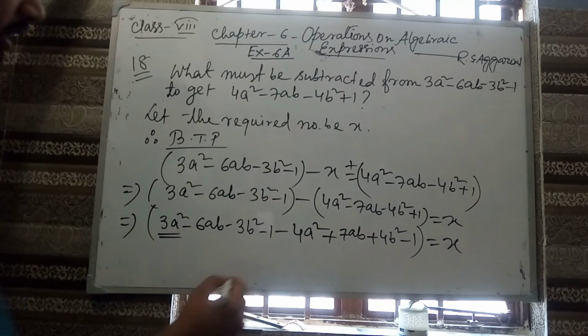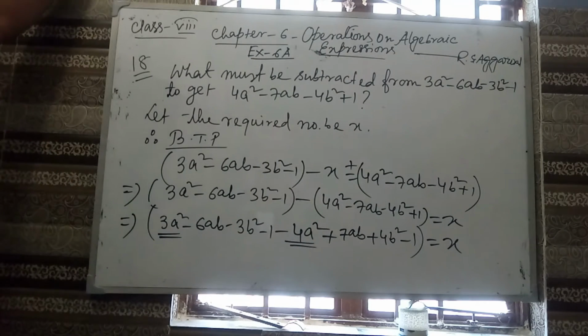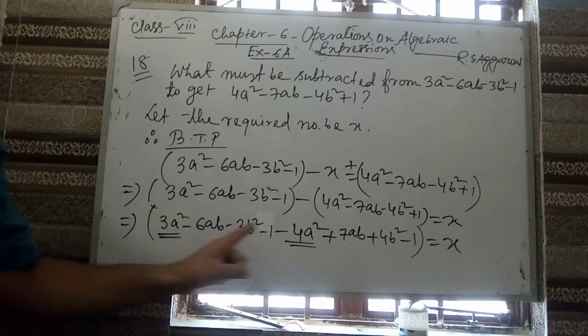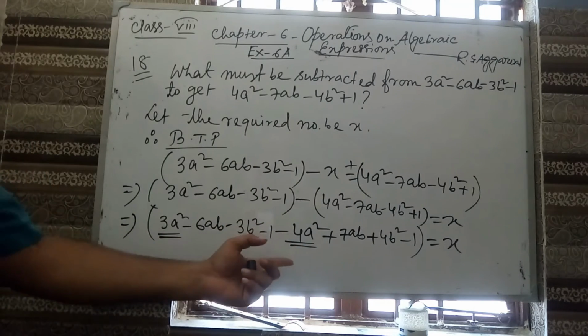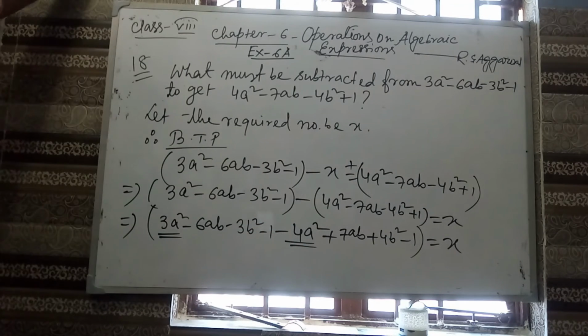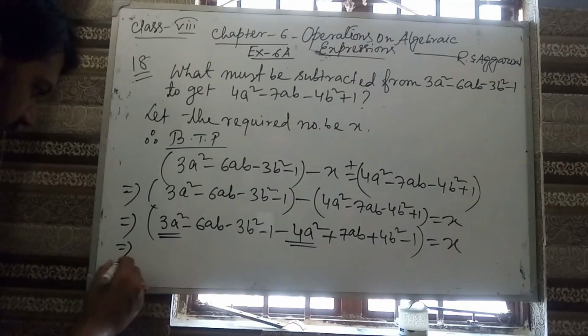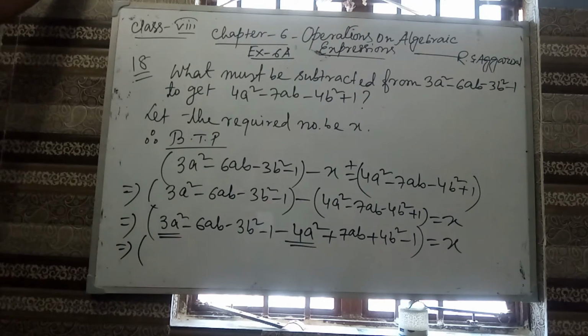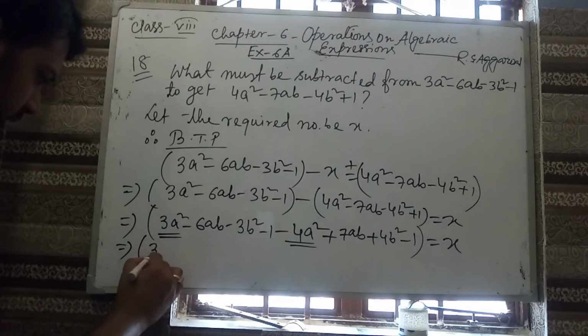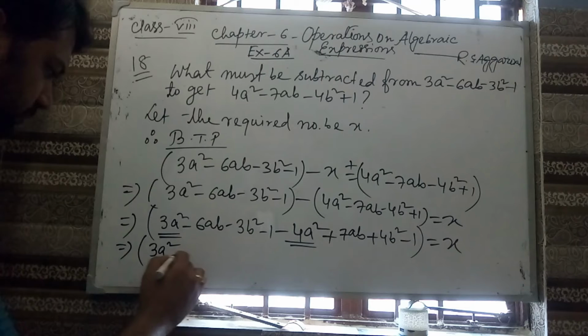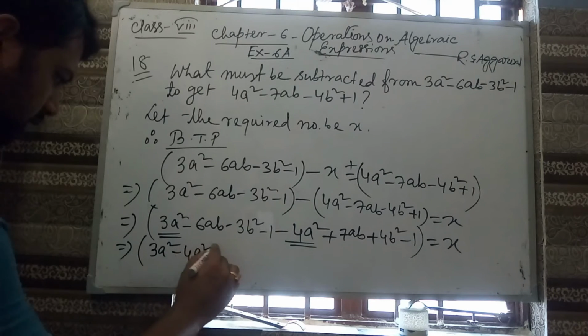3a square and minus 4a square. 3 is plus, minus 4 is minus. So if we add them, we can do another line. We can write down another line where we take the like terms together. 3a square and minus 4a square, they are like terms.